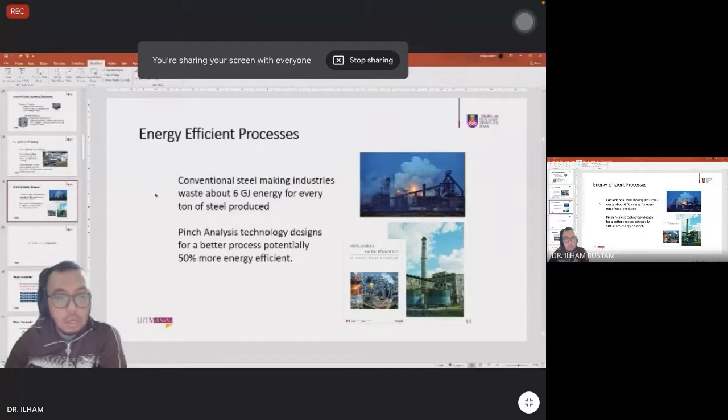Okay, and then energy efficient process. Basically, this is an example where conventional steel, after it uses energy efficient boiler and whatnot, is able to save more than 50% of energy being used.